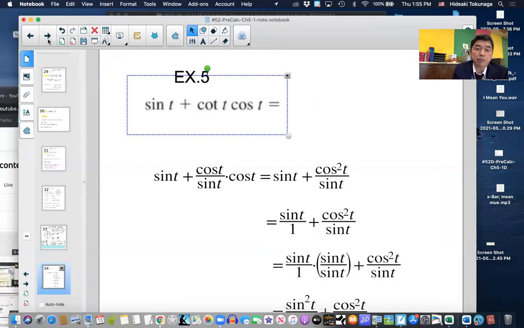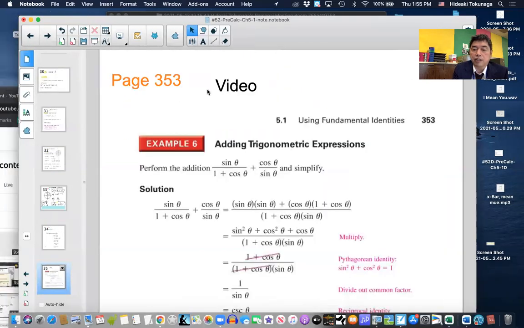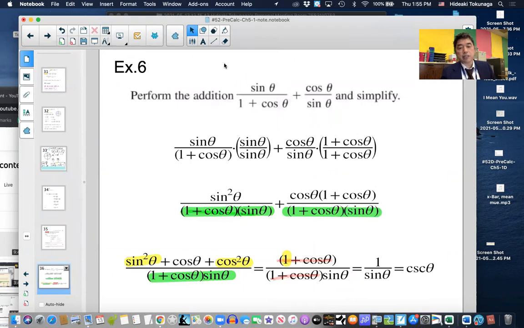And we do example 6. All right, so example 6, we do this one. So let me cut and paste. All right, so this is what we have here. When you see this, simplify, so we have to add this, but we don't have a common factor.